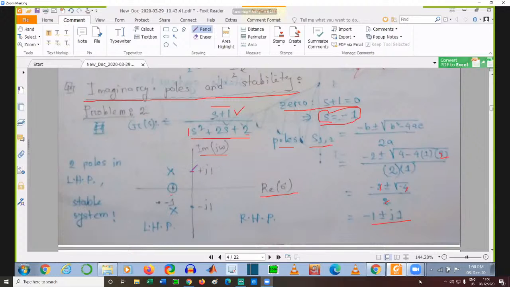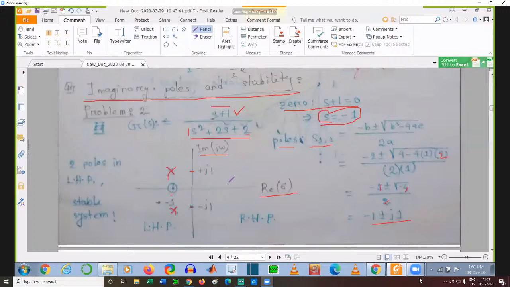So minus 1 plus j1, that means one pole is here, and the other pole is minus 1 minus j1, which is here. One very nice and important thing you can observe from here is that these two poles are the mirror of each other.